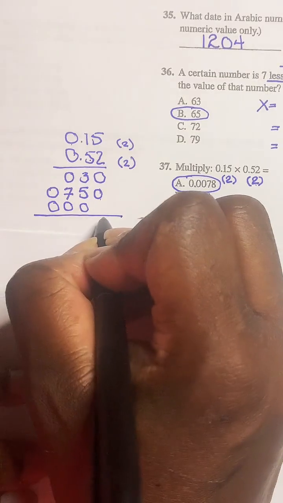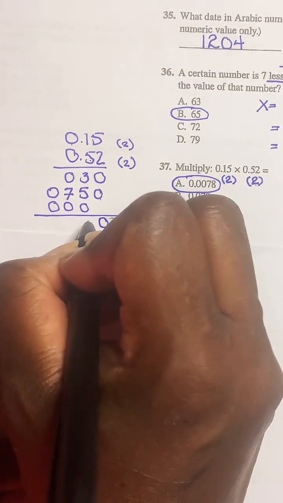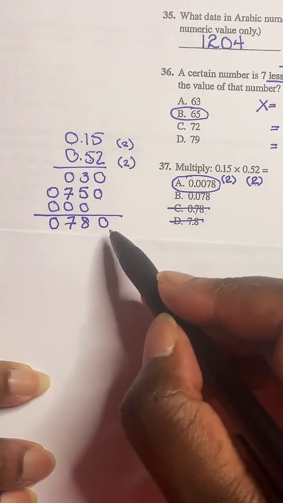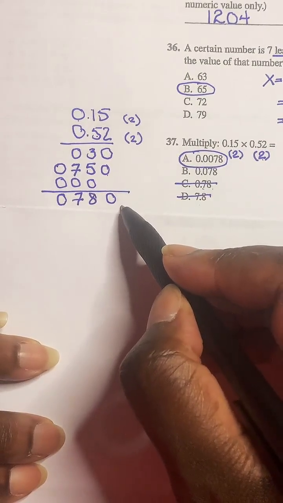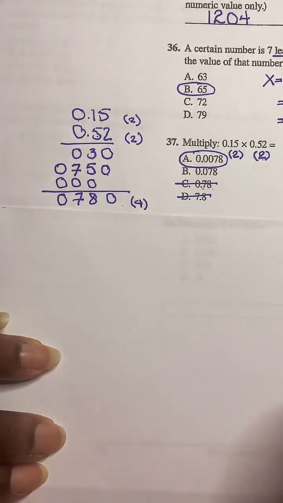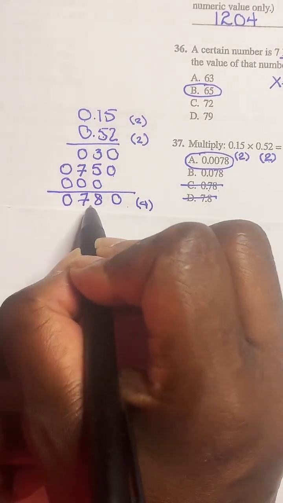So now you have your 0, you have your 8, you have your 7, and you have your 0. So you're starting all the way back here. You need 4 decimal places. So it goes 1, 2, 3, 4.